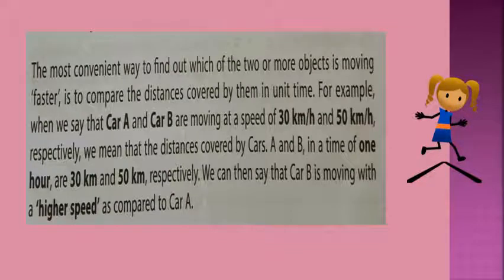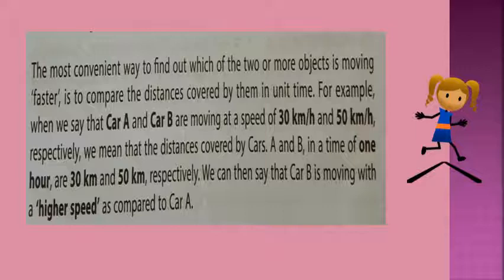The most convenient way to find out which of two or more objects is moving faster is to compare the distance covered by them in unit time, because only then can we compare the two distances covered in the same time. Otherwise we can't compare.